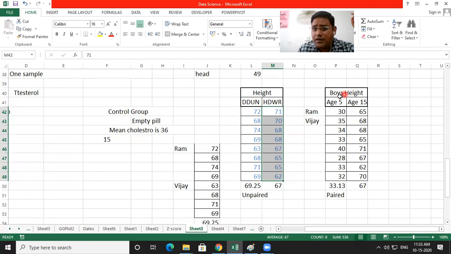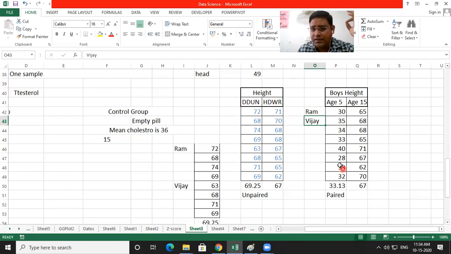Now take this another data. I have boys' height. At the age of 5, Ram was having 30 inches height, and at the age of 15, he was having 65 inches height. In the same way, Vijay was having 35 inches of height at the age of 5 and 68 at the age of 15.